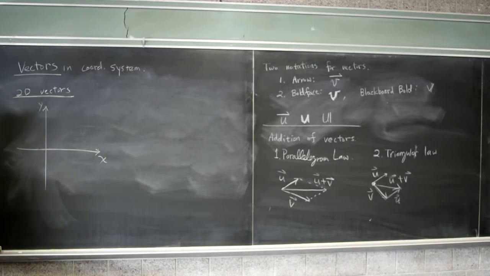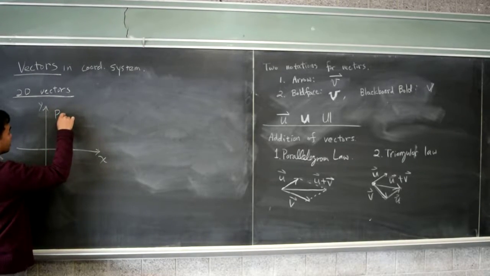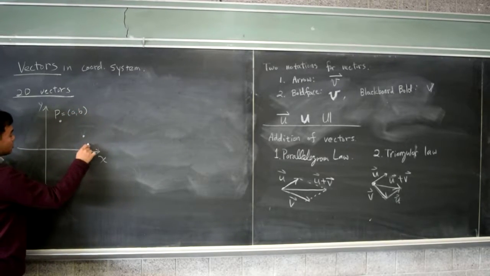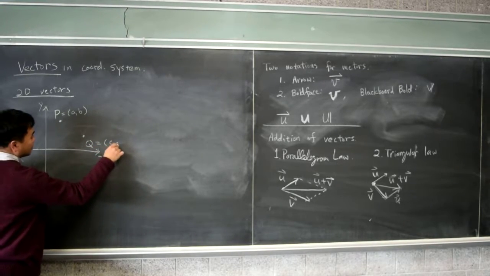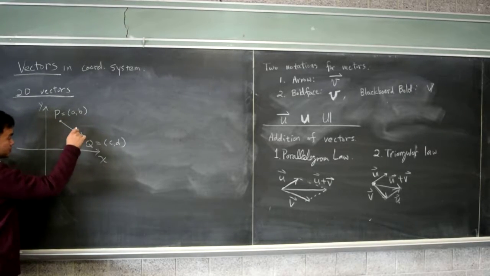And let's think about two points. Let's say this is P, and P is (a, b). And let's call this point Q, which is (c, d). And let's think about the vector PQ.